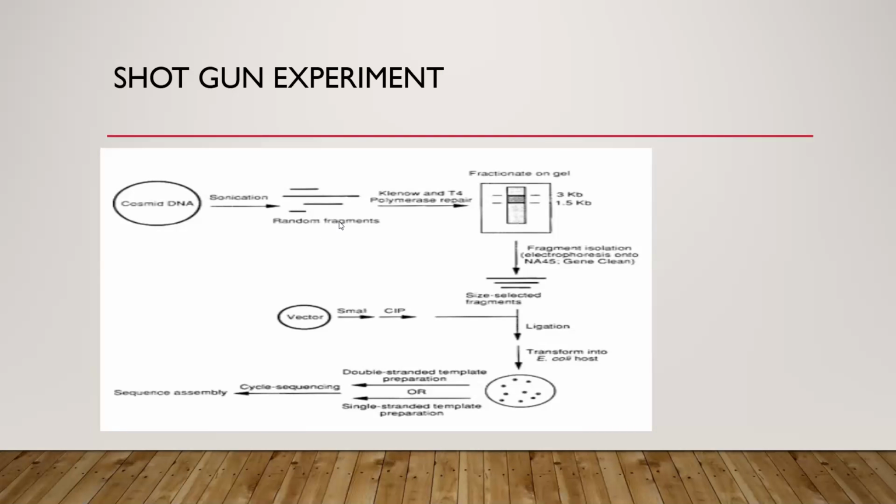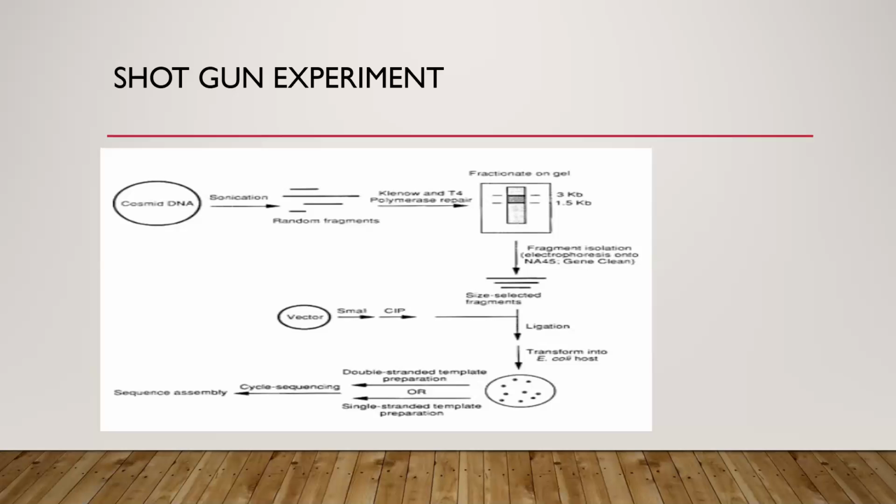These are random fragments. What are random fragments? The starting DNA, the cosmid DNA, is broken up randomly into many smaller pieces, sort of like in a shotgun experiment, with each of those pieces then sequenced individually.